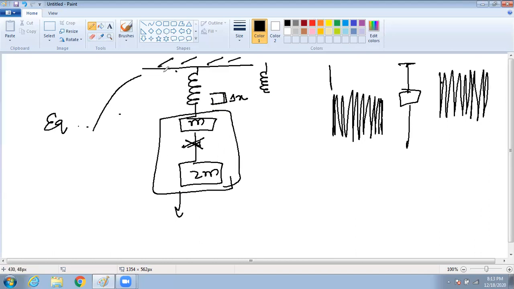After some time, the elongation will decrease somewhere here. This mass will move up. Yes or no? Pritam, yes or no? Yes, sir.